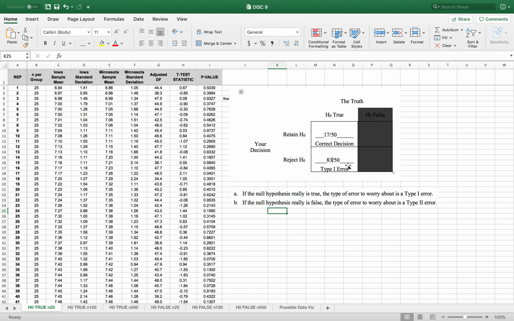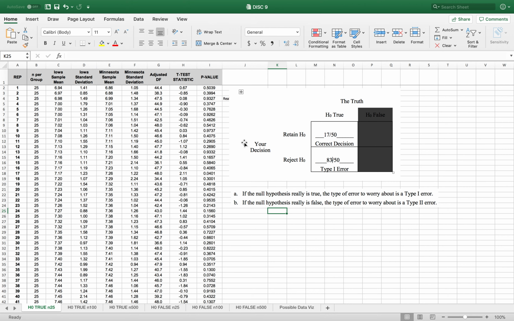And for the type 1 error, let me read it out. If the null hypothesis really is true, the type of error to worry about is type 1. The null hypothesis being true is that Iowa and Minnesota have the same sample mean of 7.5.